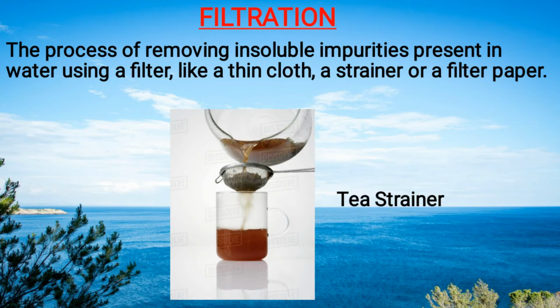The next process is filtration. It is the process of removing insoluble impurities present in water using a filter like a thin cloth, a strainer or a filter paper. You can see in this picture a tea strainer. By using this tea strainer, we can remove the impurities included in the tea, and we can get the pure tea.